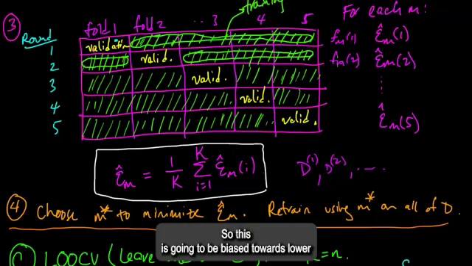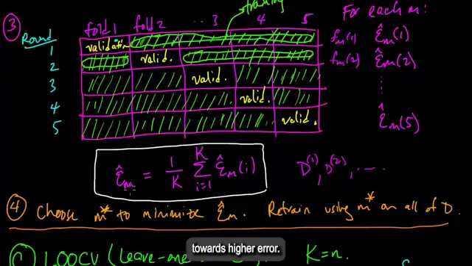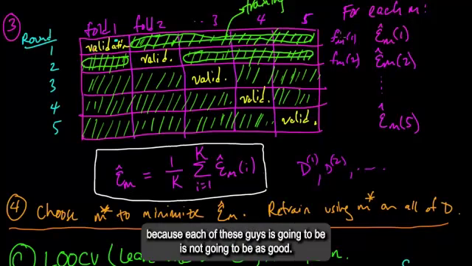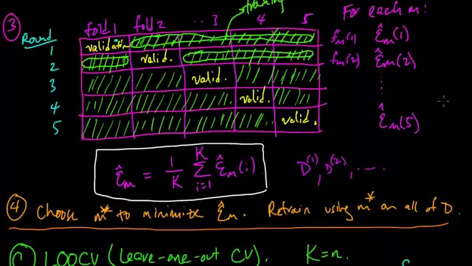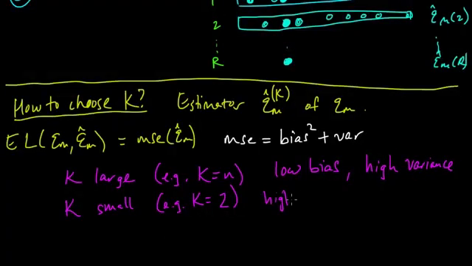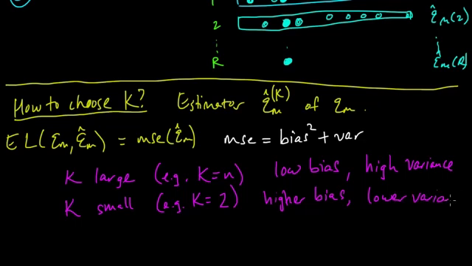So this is going to be biased towards higher error. Our estimate of the error is going to be higher because each of these is not going to be as good. It just doesn't have as much to work with. So this is going to have higher bias, and it's also going to have lower variance. So that's for k small.